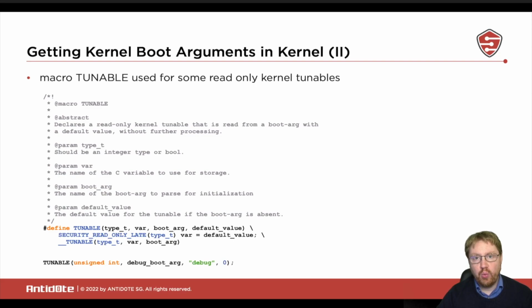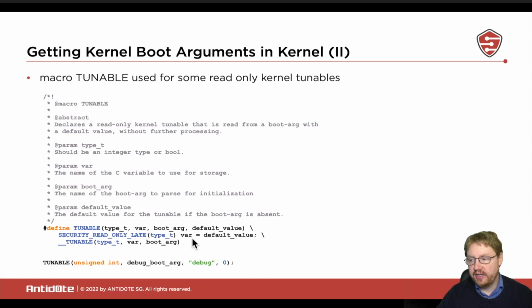Then for a while now, the kernel defines so-called tunables. These are basically kernel, usually read-only variables that control certain kernel features, and they can be modified from the kernel boot argument. And so for that we have the tunable macro that basically defines a certain boot argument and a variable that is then controlled by the boot argument.